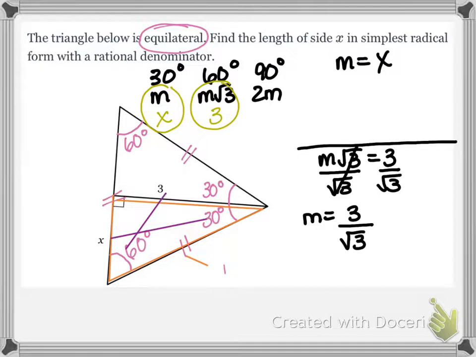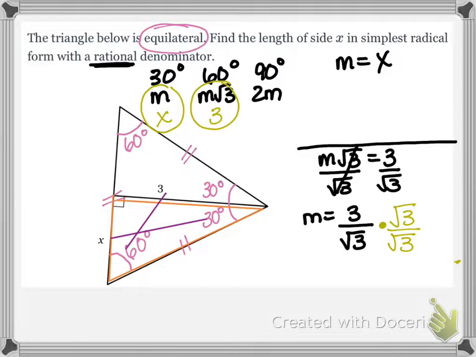Now notice that we cannot really divide those two numbers because they are not like terms. So I must multiply to rationalize that denominator, okay? I do not want radical denominators. I want rational denominators. So I need to get rid of that square root of 3.